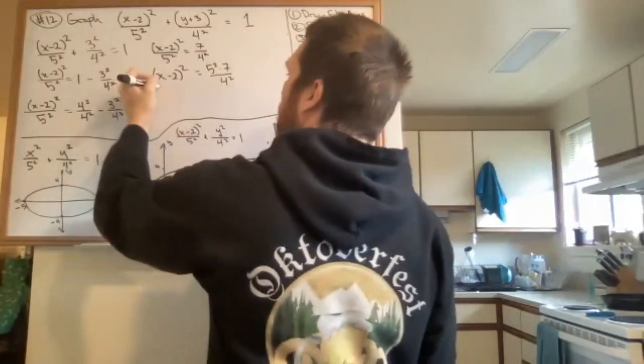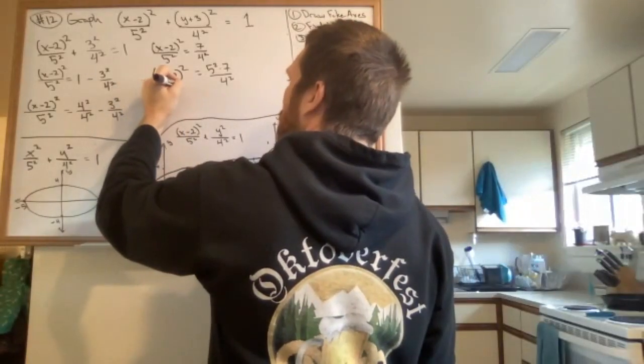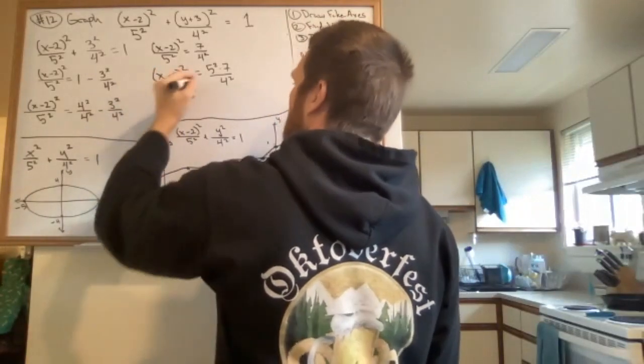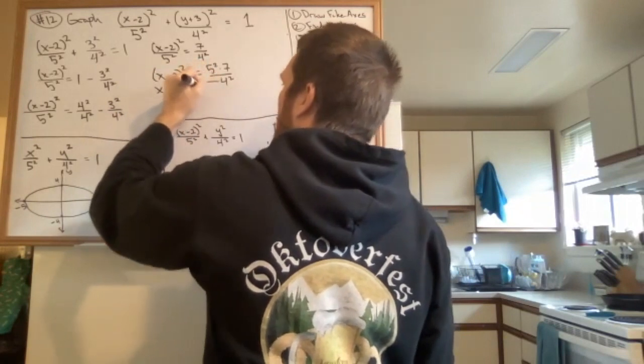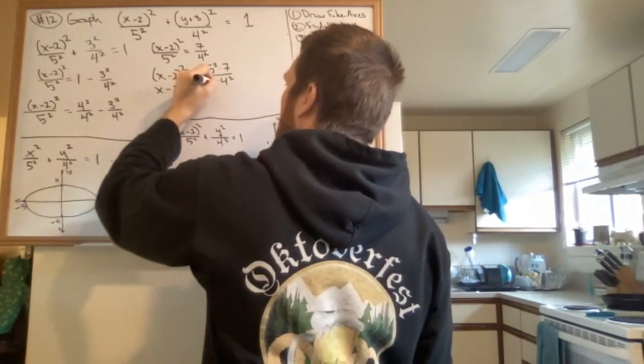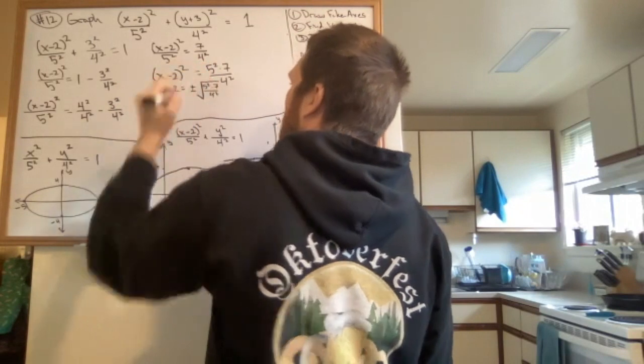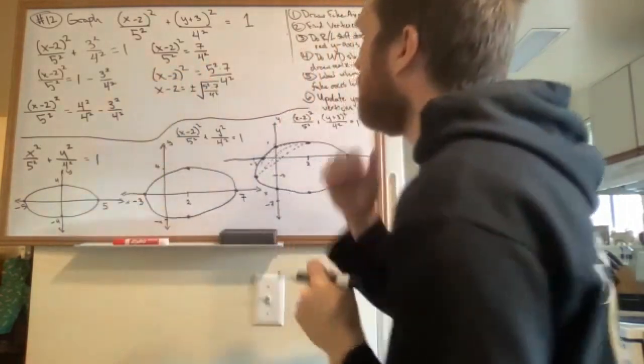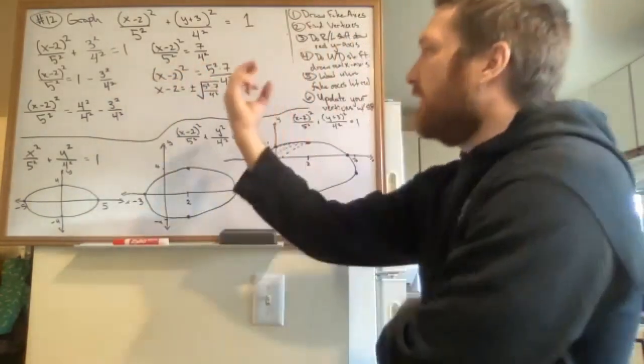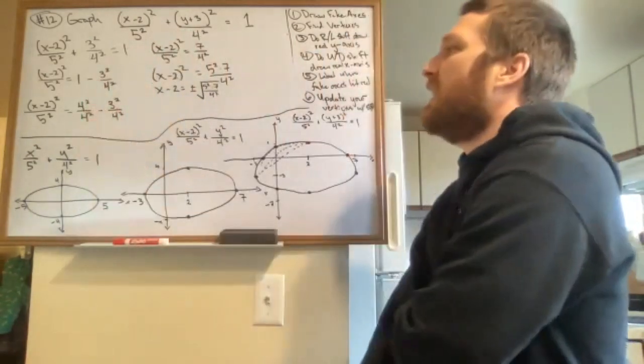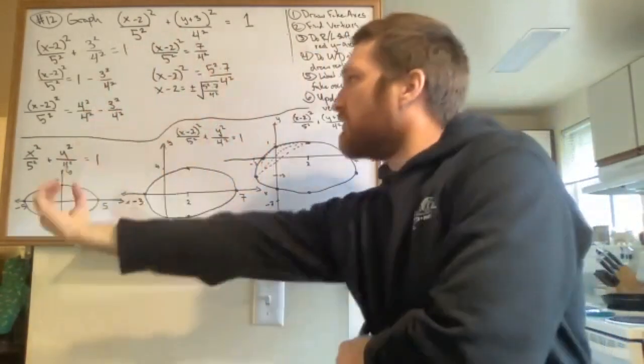So I take the square root, I get x minus 2 equals plus or minus the square root of all that stuff, 5 squared times 7 over 4 squared. The 5 squared comes out as a 5. The 4 squared comes out as a 4.